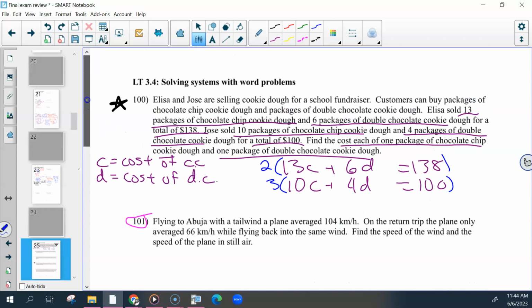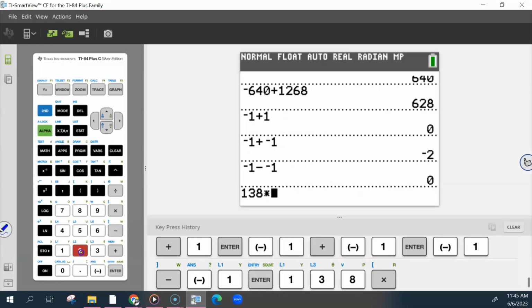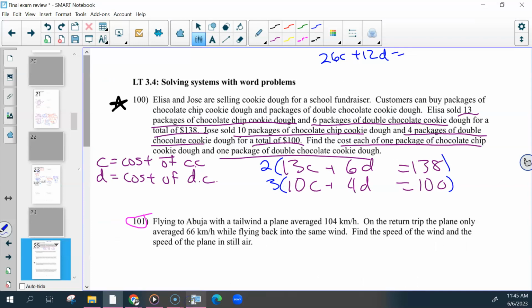So you have 26C plus 12D equals whatever that is, 276. And then 30C plus 12D equals 300. Then we can go on with the eliminating process. We can eliminate these by subtracting.